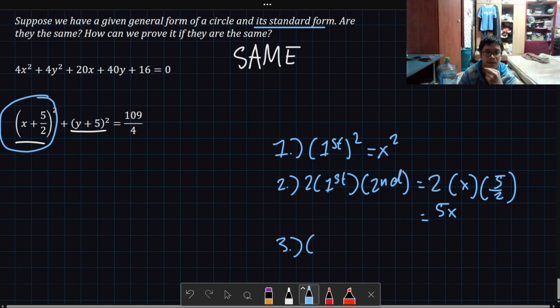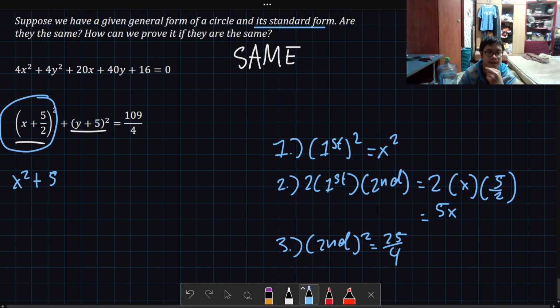Third step, the square of the second term: 5/2 squared gives you 25/4. So you have x² + 5x + 25/4.